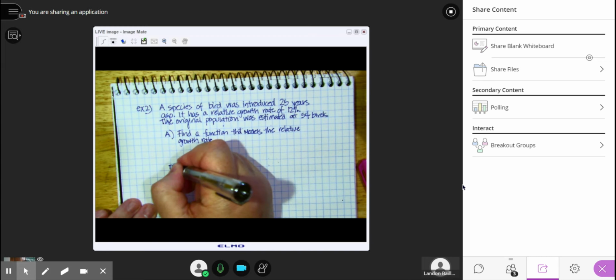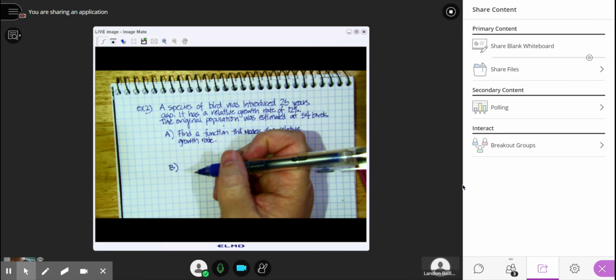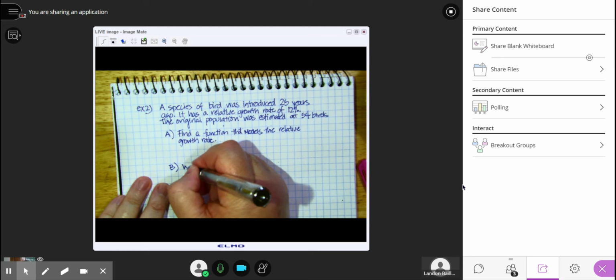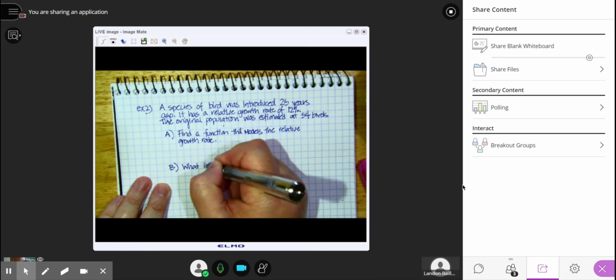That's part A. Part B says what's the population in 25 years.